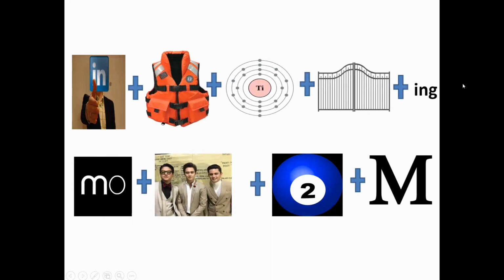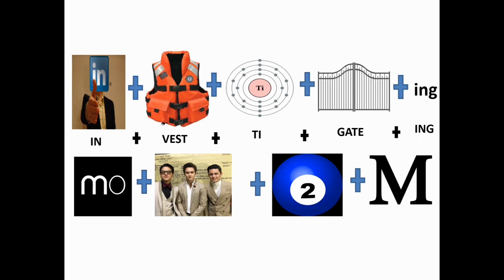So the first set of image represents the first word for the mystery phrase, and the second set represents the second word for the mystery phrase. So let's unlock. So this is in plus best plus T plus gate plus ing.